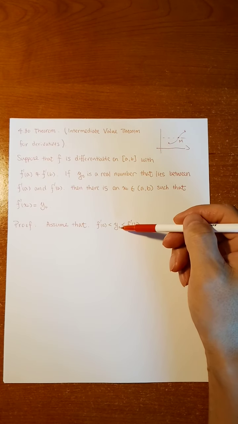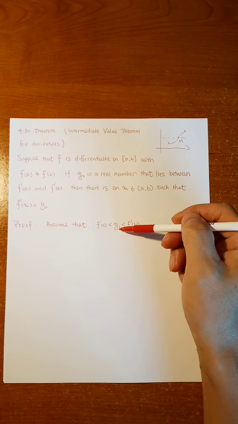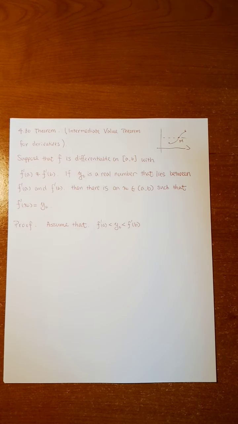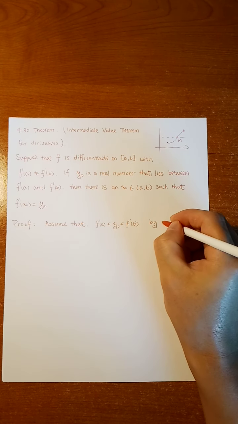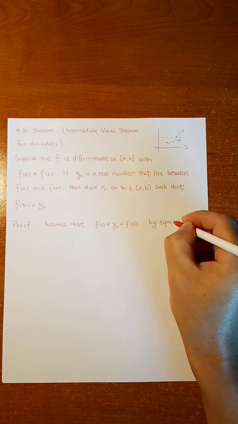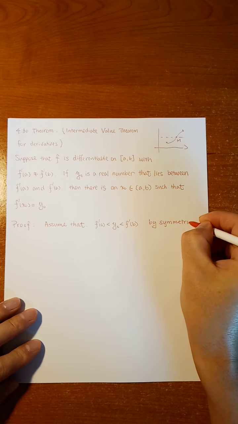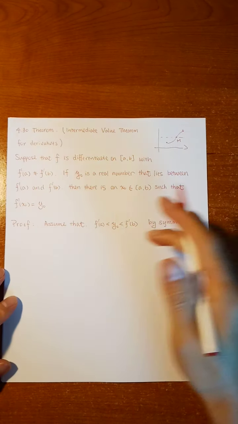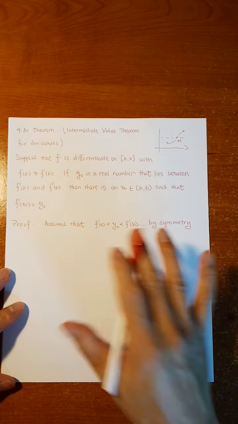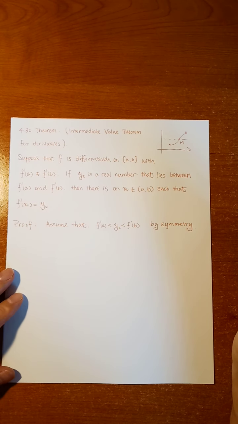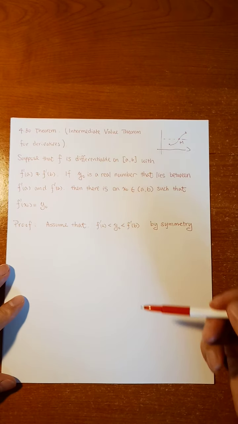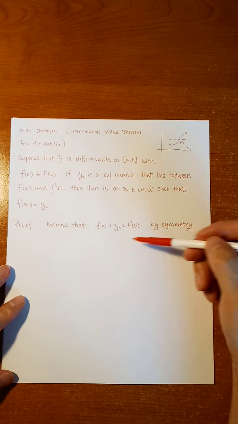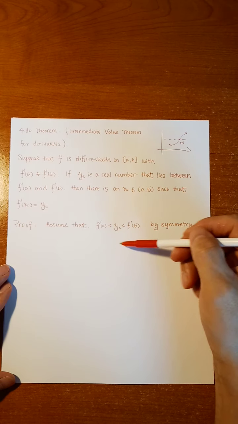And symmetrically, you will have the other case. So by symmetry, or without loss of generality, let's assume f prime of a is less than f prime of b. Be careful, the rest of the computation will depend on this assumption.